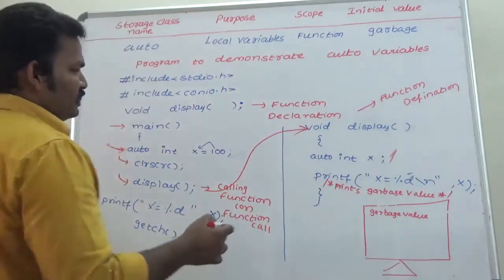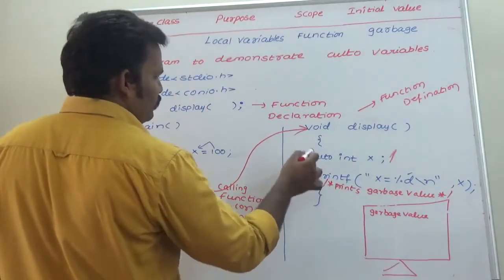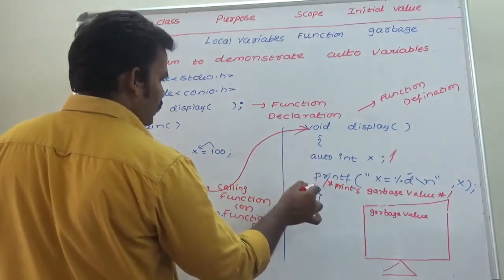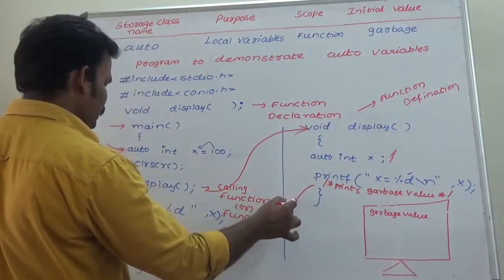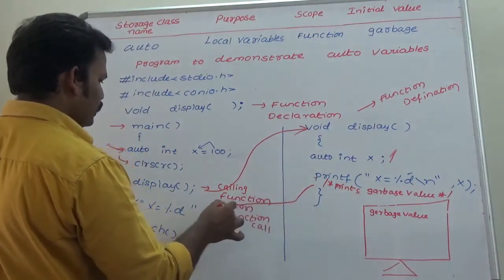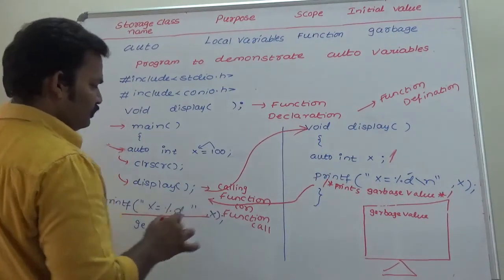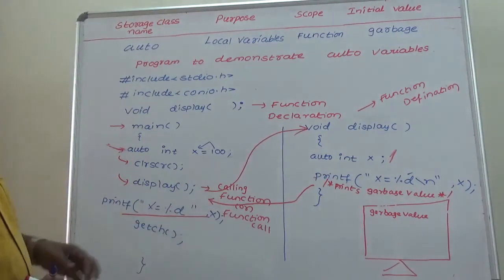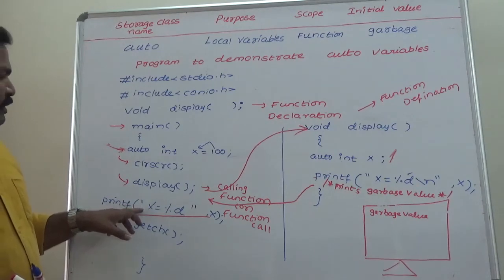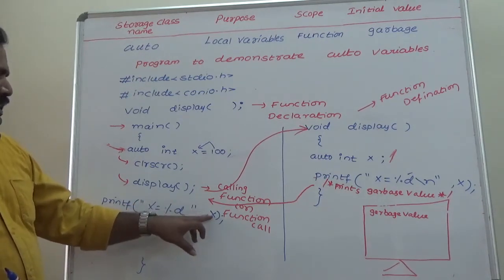After executing this function, execution control is returned to the main program. So this statement will execute now. Here this printf statement prints the x value on the screen.